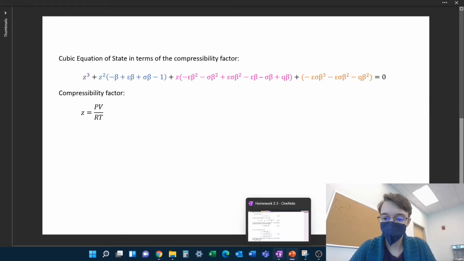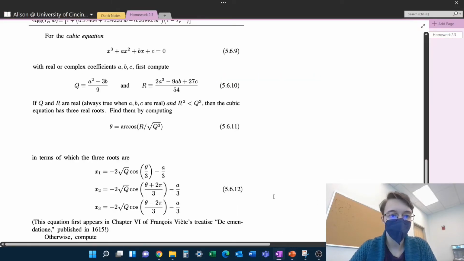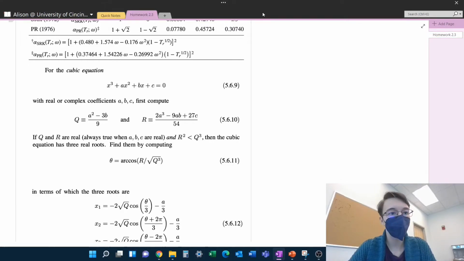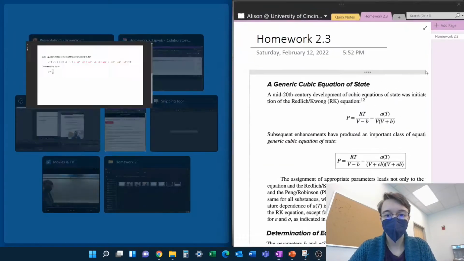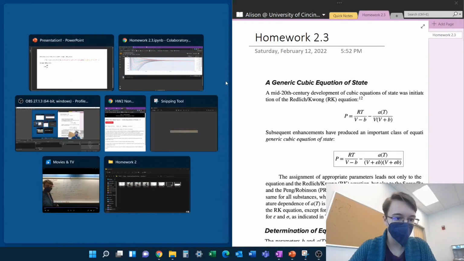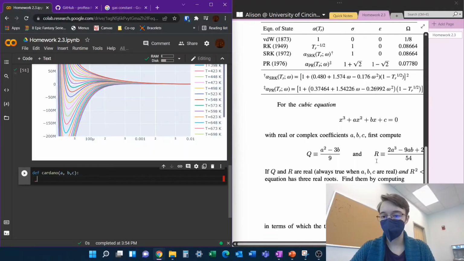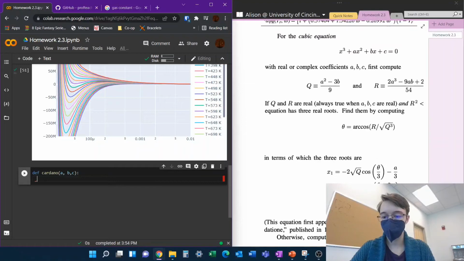So what are we going to need to do to calculate the roots? First thing we need to calculate is this Q and this R. I'm going to try to split screen this so we can see both at the same time. Alright, so scroll back down to where we were.